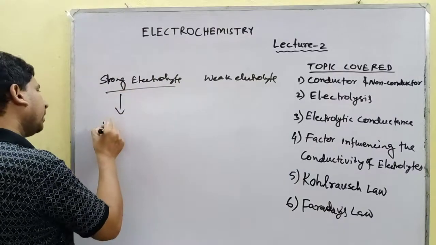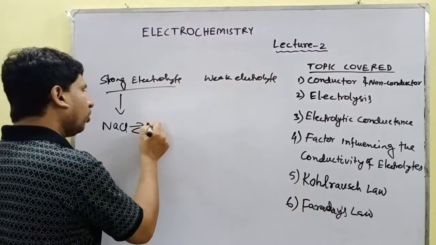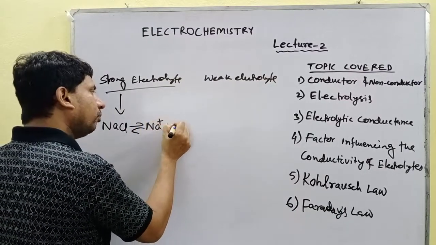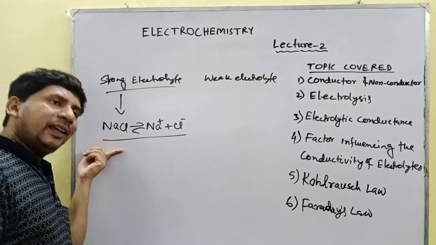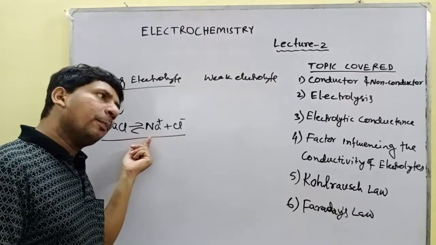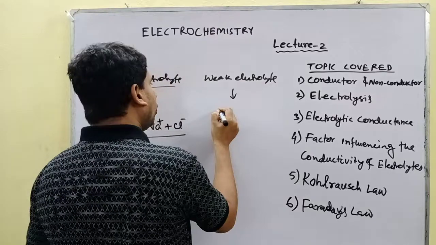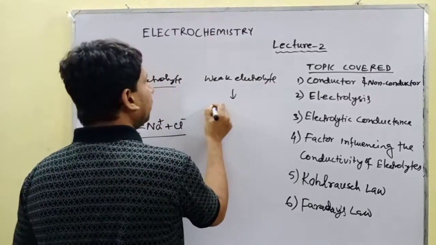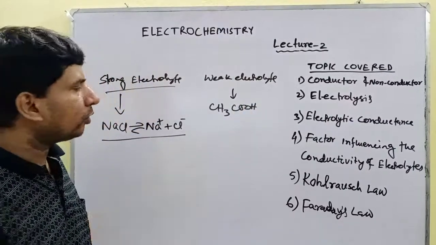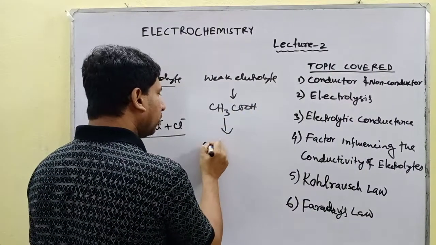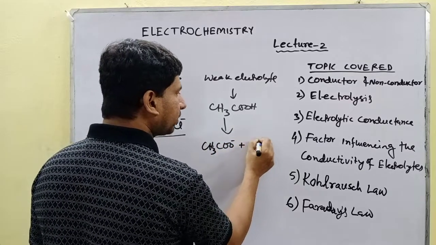Like NaCl, it completely dissociates in aqueous solution into Na plus and Cl minus. This is complete dissociation. If we take 1 mole of NaCl, then we get 1 mole of Na plus and 1 mole of Cl minus. But consider a weak electrolyte like acetic acid. It dissociates into acetate, CH3COO minus, and H plus.